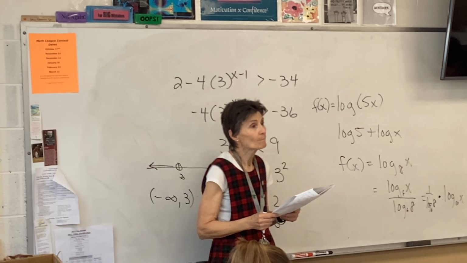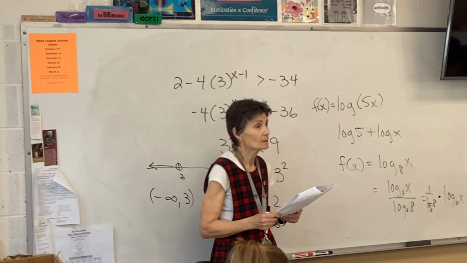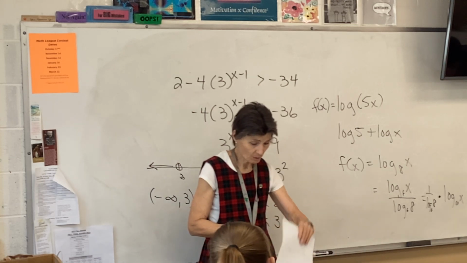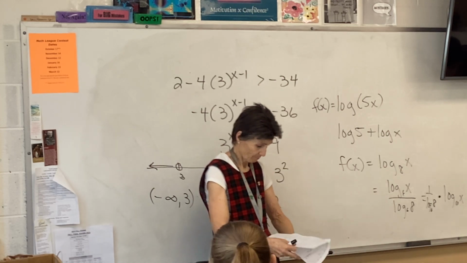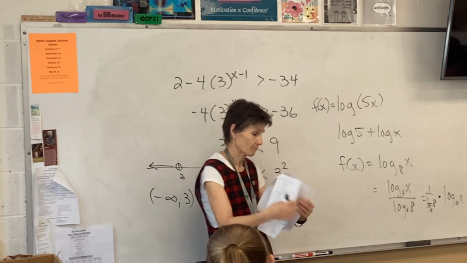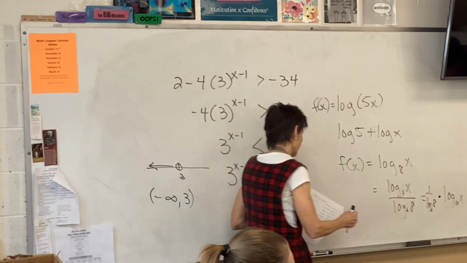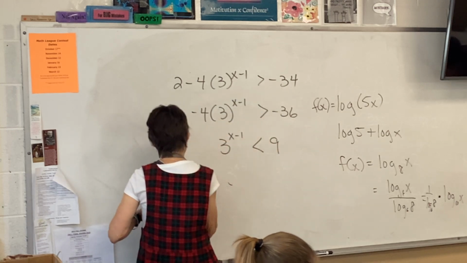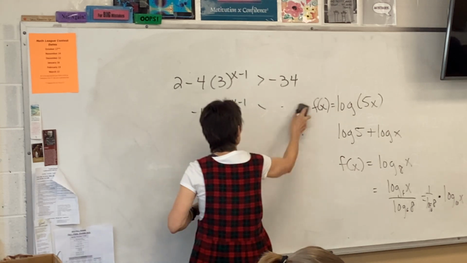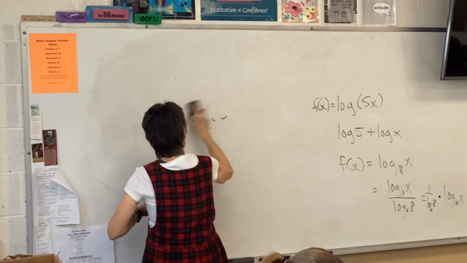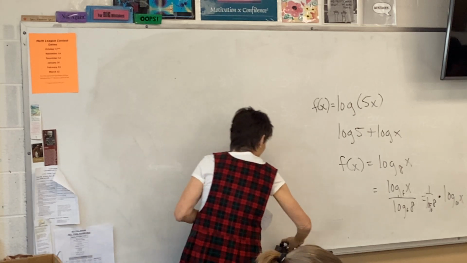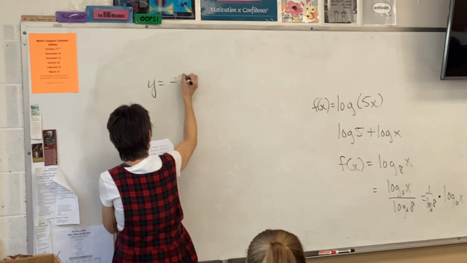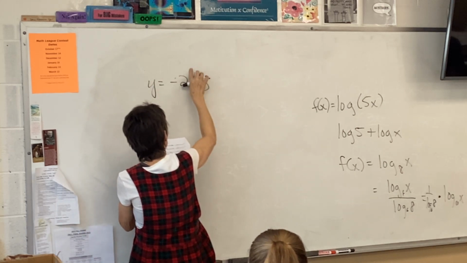Sarah? Can you do number 3 on the mini quiz? So what I would suggest you do on this problem is figure out what it looks like first, because I think it's going to make answering the questions a lot easier.